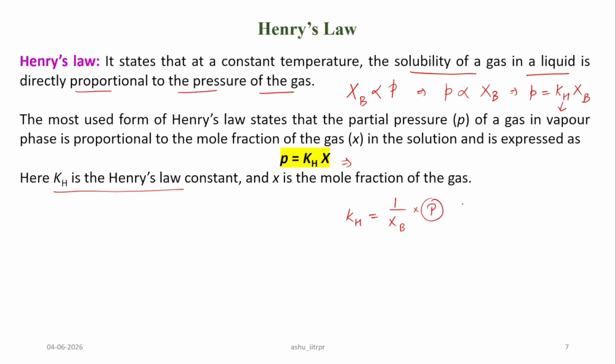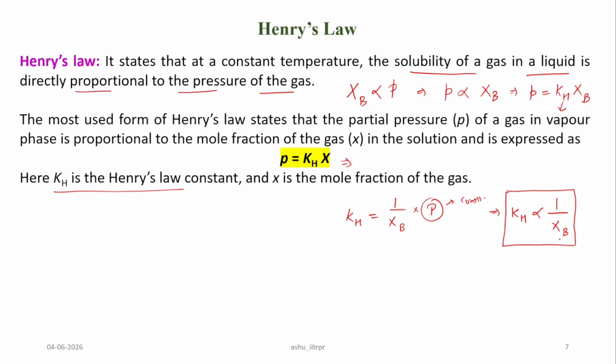P is pressure. Pressure is some quantity, 1, 2, 3, 110 atm, whatever it is. So again, it is some constant. When I remove this pressure constant, I can write KH proportional to 1 by chi. This conclusion is very important.